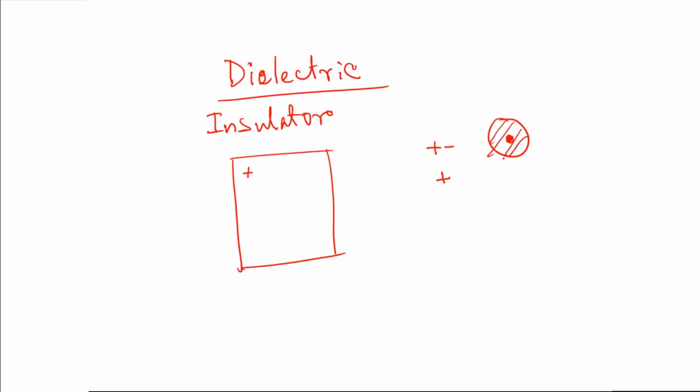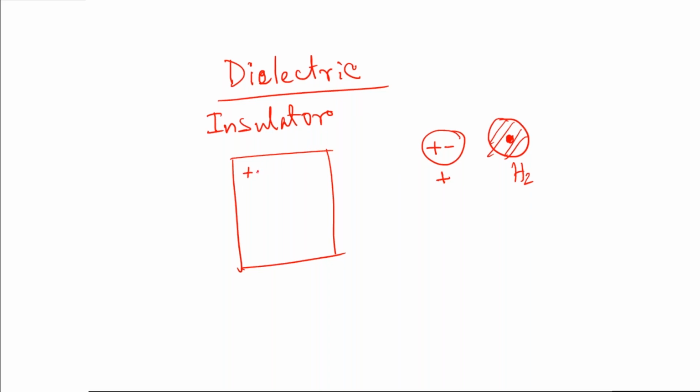This is the positive charge center, and this is a spherical cloud which is centered over here. There is a negative charge. So this is the positive charge, and the negative charge center is also at the same place. That's why hydrogen, even nitrogen, are called non-polar molecules. That means they are neutral. They don't have any excess charge.